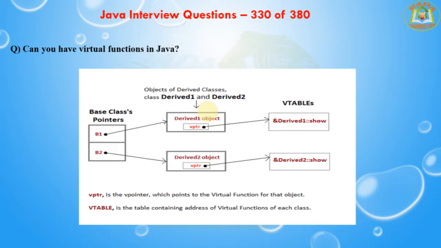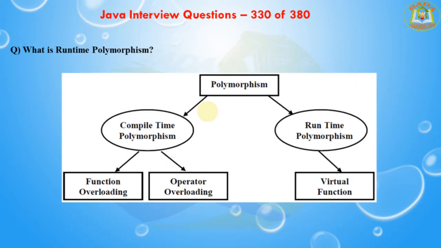The next question is, what is runtime polymorphism? Runtime polymorphism, or dynamic method dispatch, is the process in which a call to an overridden method is resolved at runtime rather than at compile time.